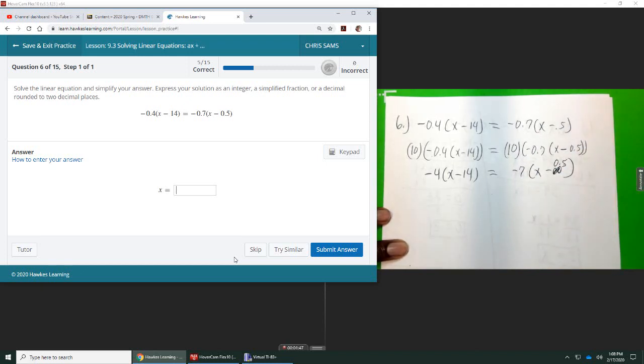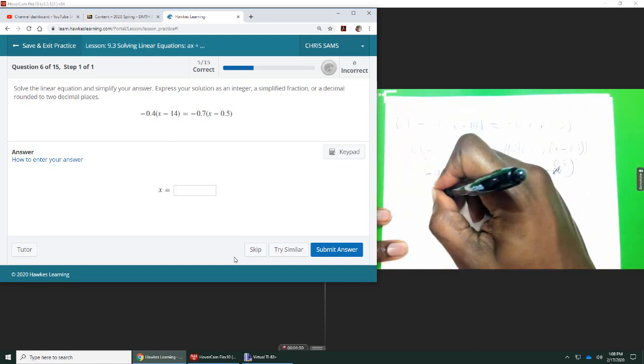Okay, now we're going to distribute negative 4 throughout the parentheses.